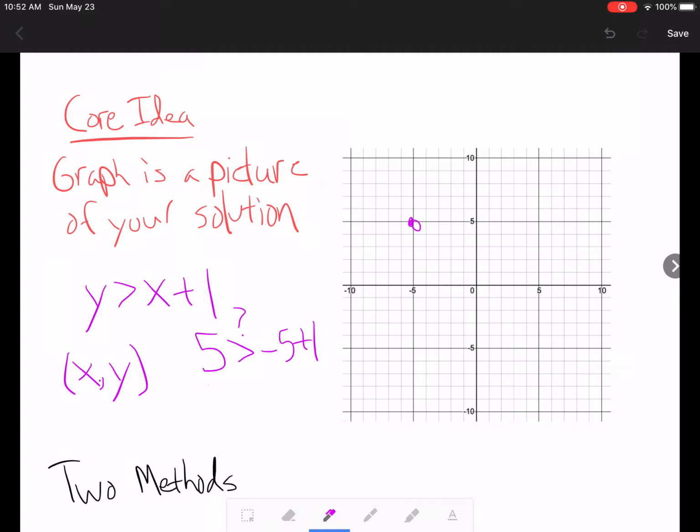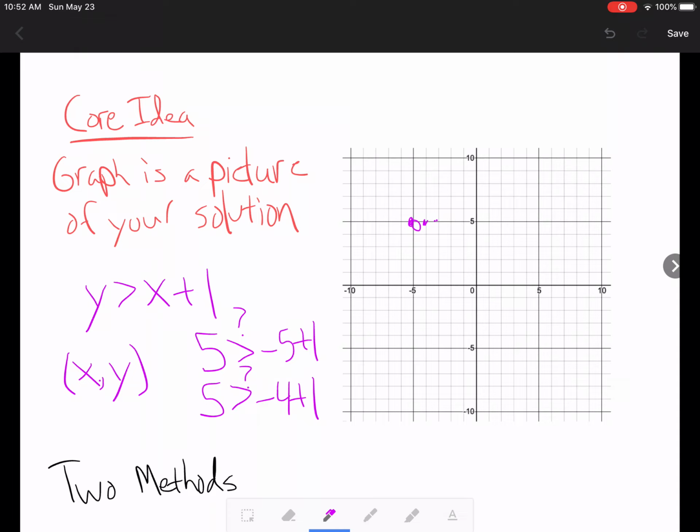What if we did 5 greater than negative 4 plus 1? Would that work? It does. And so as a result, we're starting to get a bunch of points that work and make this be true.